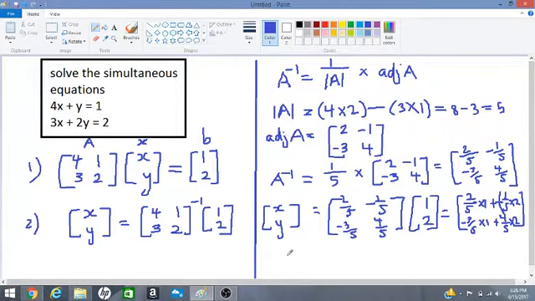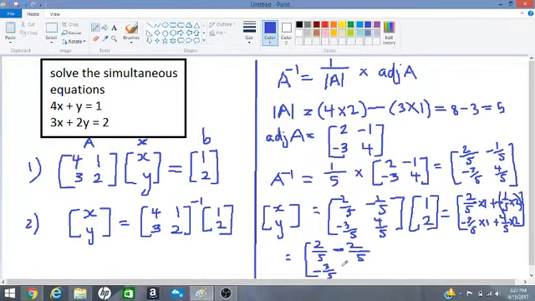Let's work that out. 2/5 times 1 is 2/5. Negative 1/5 times 2 is minus 2/5. Remember, plus minus is a minus. Negative 3/5 times 1 is negative 3/5.